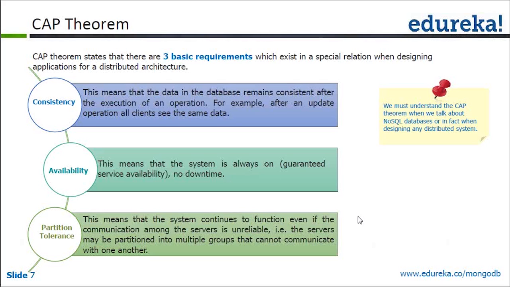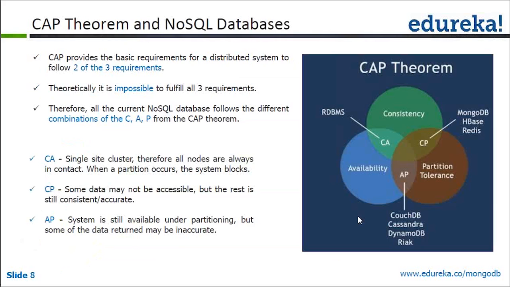Now the actual theorem says that the moment you are trying to design a distributed architecture, any two of these three requirements can be achieved. All three cannot be achieved at one time.